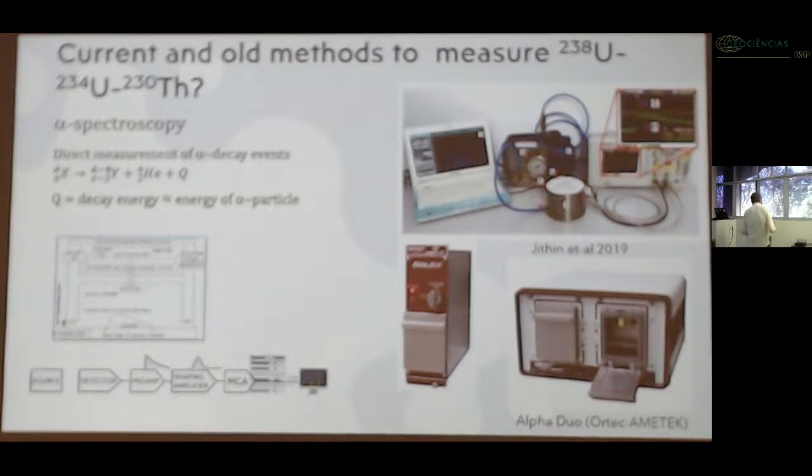It basically relies on the radioactivity of these isotopes. Uranium-238, even though it's a radioactive element, is not very radioactive. Uranium-234 is more radioactive than uranium-238, but also not very radioactive. So sensitivity in these methods is a problem.